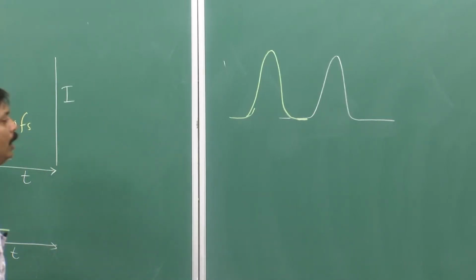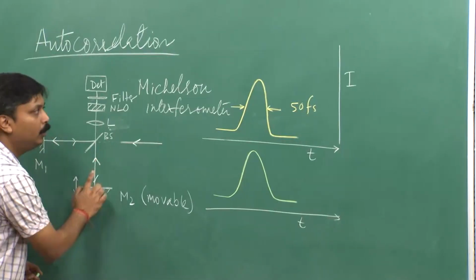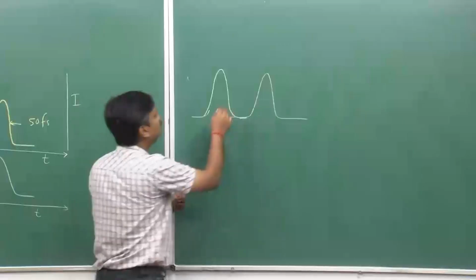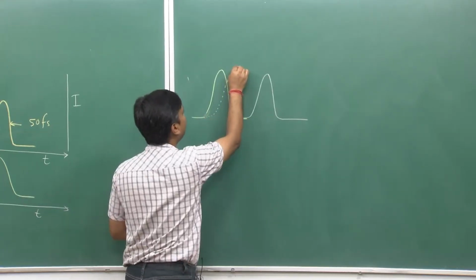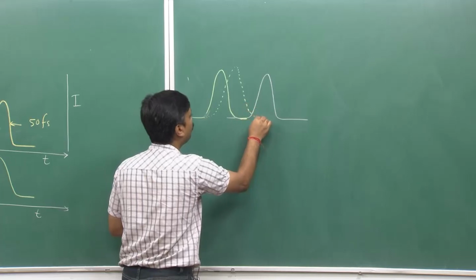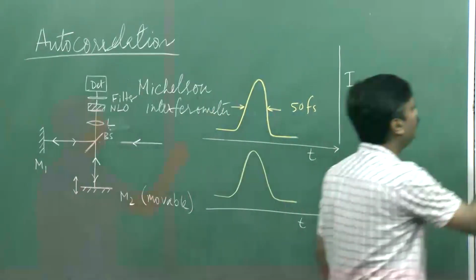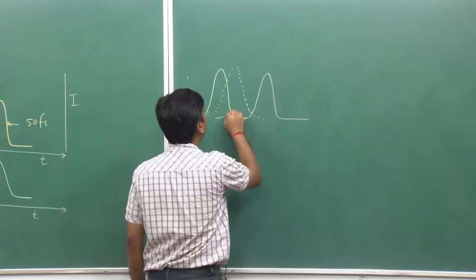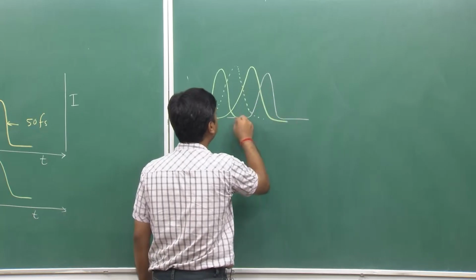Fine. Now if I move this mirror toward this one, in the next step this will now come here, right. If I move it farther, it will go like this.